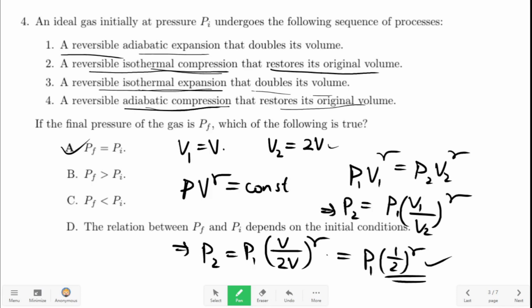So in a cyclic process the internal energy change is 0, the change in entropy of the system is 0, the change in pressure of the system is 0, the change in volume of the system is 0. This is a property of a cyclic process, that the net change in state functions is 0.